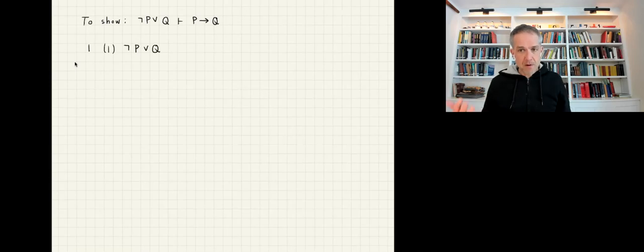So I remember that when we did conditional proof, we proved two funny little results called negative paradox and positive paradox. So negative paradox says, if you have not P, you can derive P arrow Q for any Q whatsoever.